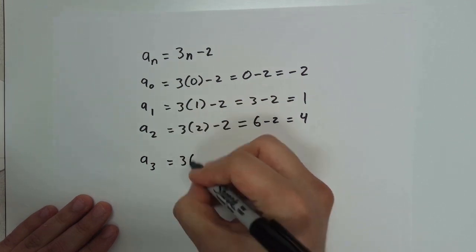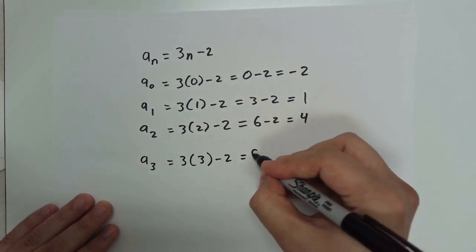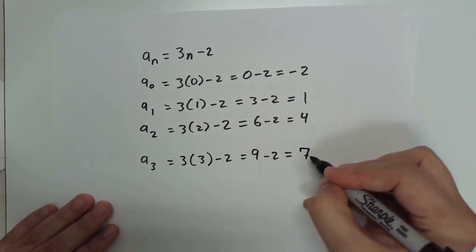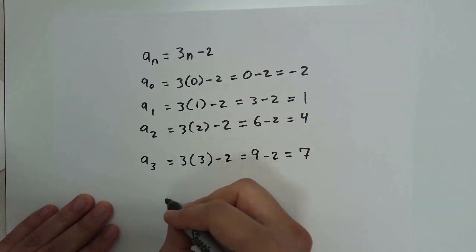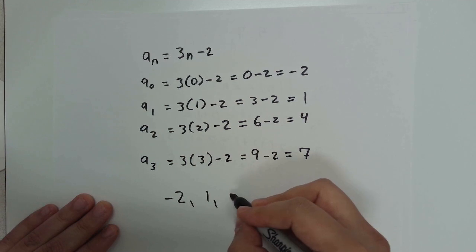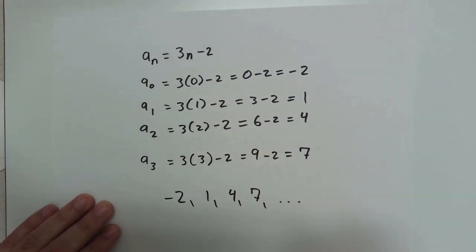So we have 3 times 3 minus 2. Well, 3 times 3 is 9. 9 minus 2 is 7. So our sequence starts with negative 2, 1, 4, 7, and so on.